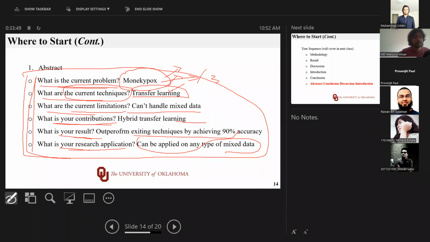Then if you're writing for Elsevier and your manuscript is small, you need to make it larger based on journal requirements, so you can add another two lines. Maybe you can say within 2 months, more than 20,000 people have been affected all over the world, at least. So you just add another line. That's how you can increase your abstract.